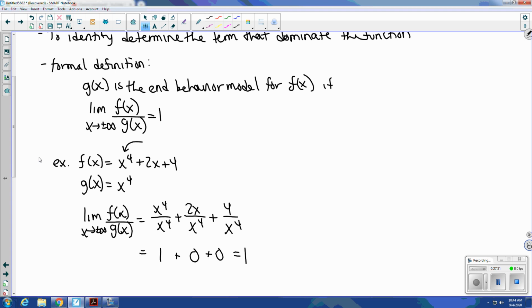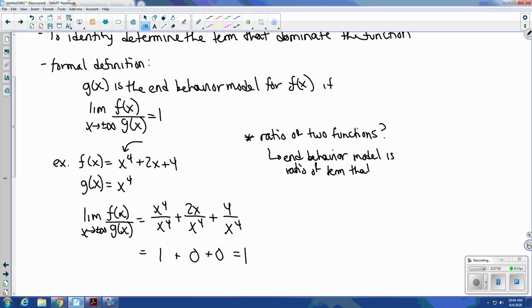And then really quickly, to make your life even easier, if we have a ratio of two functions, the end behavior model is the ratio of the term that dominates the numerator over the term that dominates the denominator.